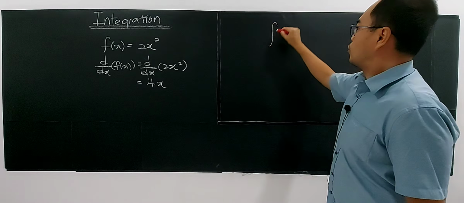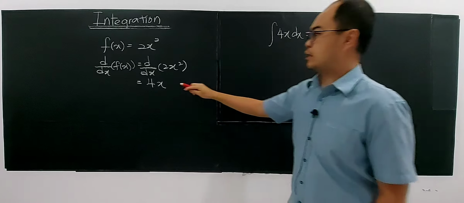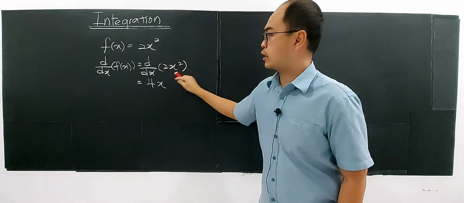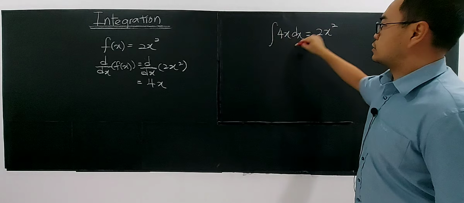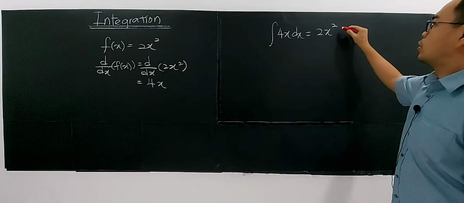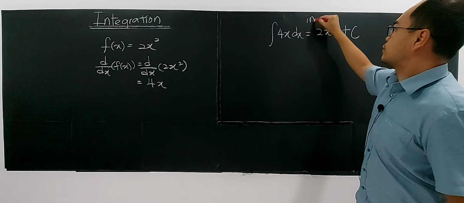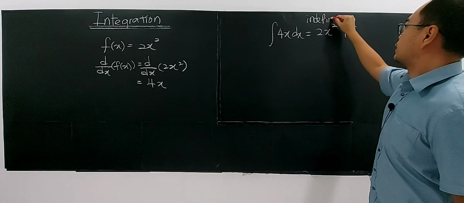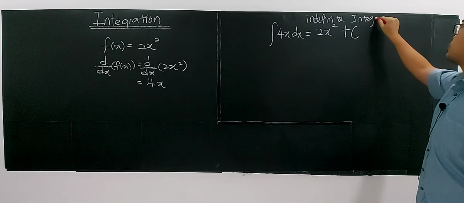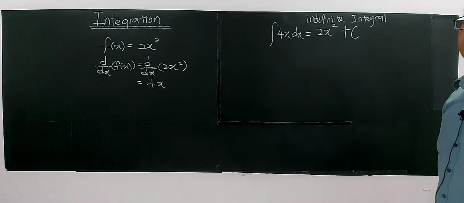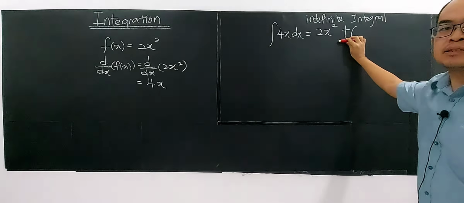When I integrate this, it's a reverse process, and I will get back the antiderivative, the integral, the solution. Usually we add a C for an indefinite integral, which you learn in Form 5 or STPM, where they introduce what is meant by indefinite integral. Your teacher teaches you that there is a plus C here.